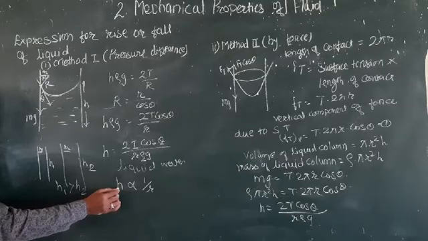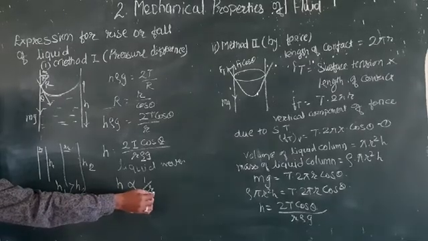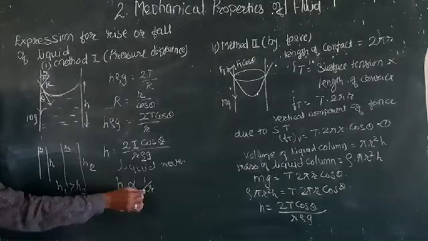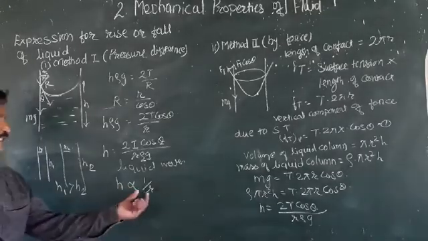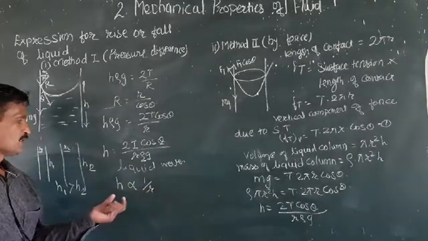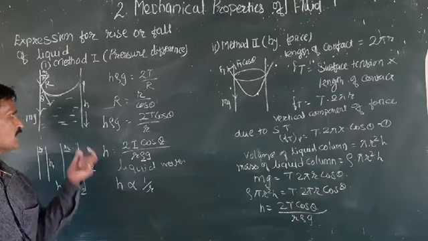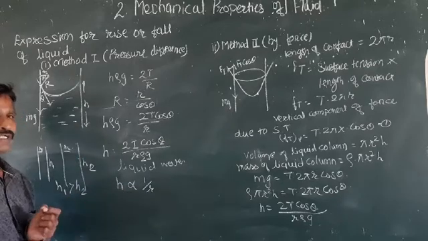The height of the liquid depends upon the radius of the capillary tube, but it is inversely proportional. If the radius of the capillary tube is small, then the height of the liquid in the capillary tube will be greater.